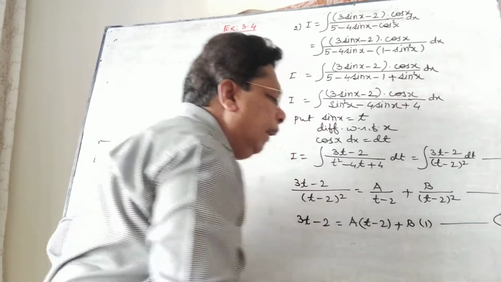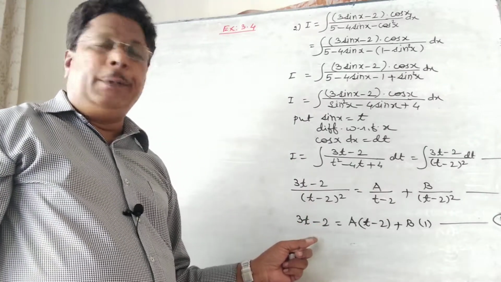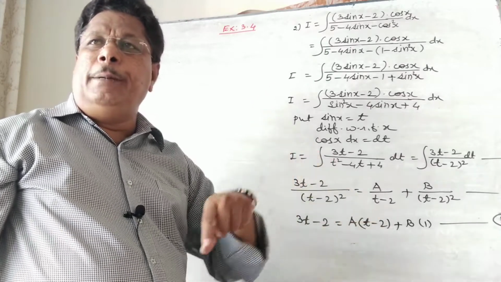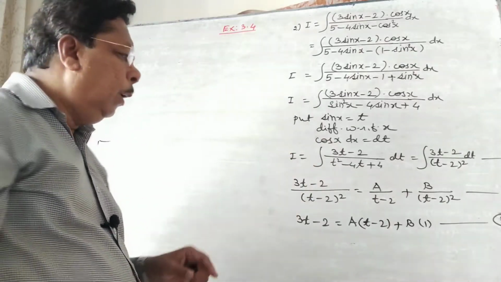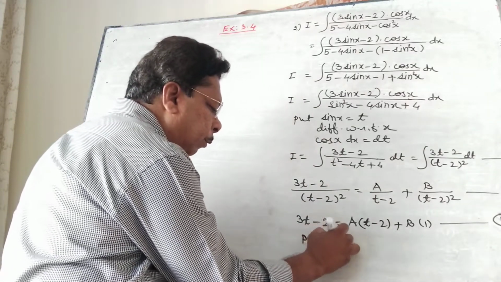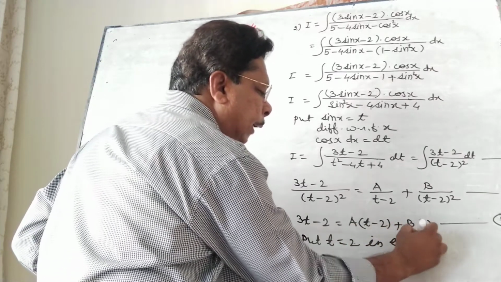Now in this equation we have to substitute the value of t. Observe the denominator of A, that is t minus 2. Put t minus 2 equal to 0. It means t equal to 2. Put t equal to 2 in equation 3.